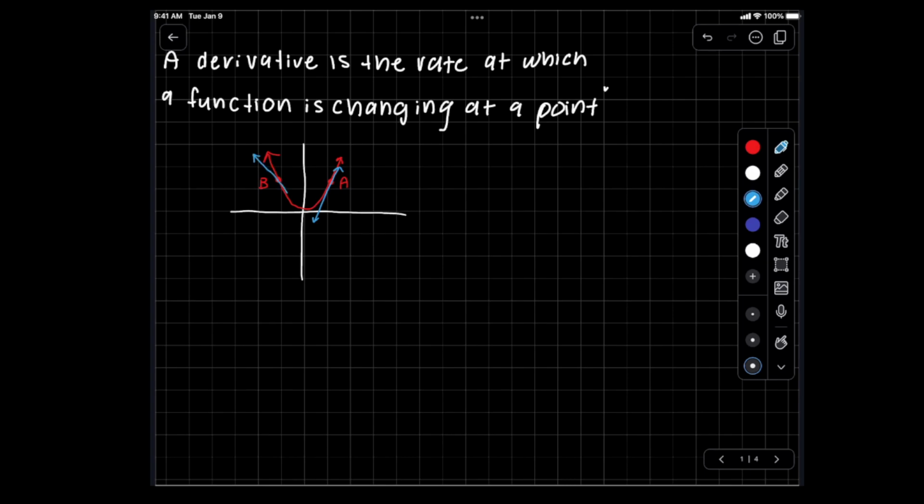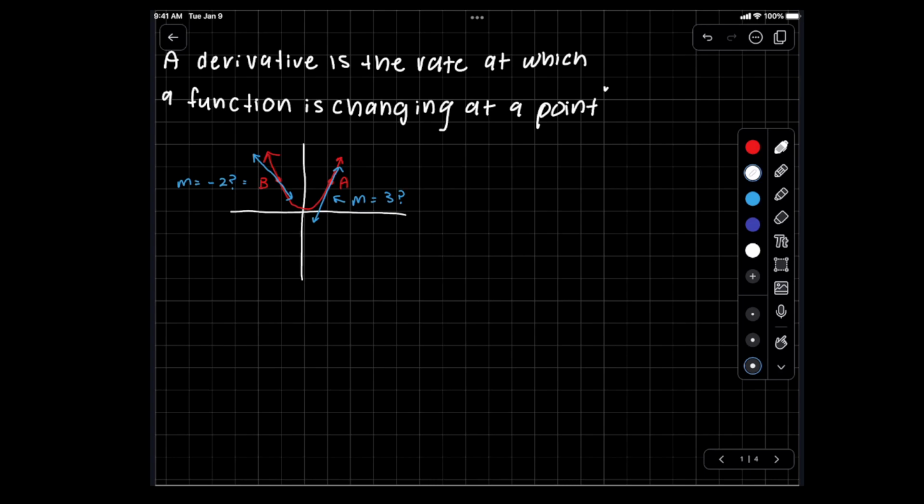The derivative is a way to characterize this. Instead of just guessing the slope, let's say maybe at A it's 3, then maybe at B that slope is -2. We're just guessing here. But the derivative gives us a way to actually find that specific point and express that as an equation, and then at a certain x value, we can actually find the slope itself.